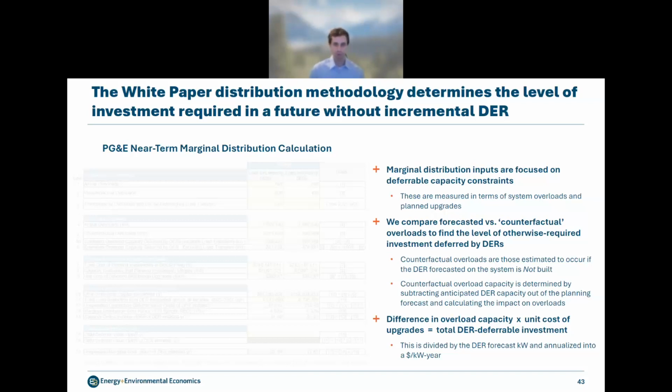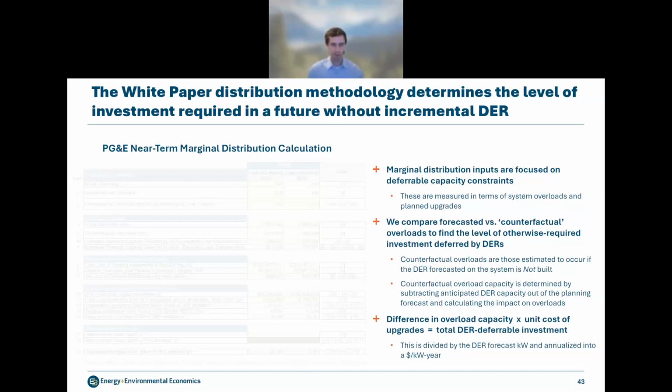So after some discussion with the stakeholder parties at that time, it was adopted for use in the subsequent ACCs. So we use those near-term distribution costs following this methodology for the first few or the near-term years of the forecast. And then in the later period in the forecast, we use the top-down long-term numbers that we're getting from the GRC filings.